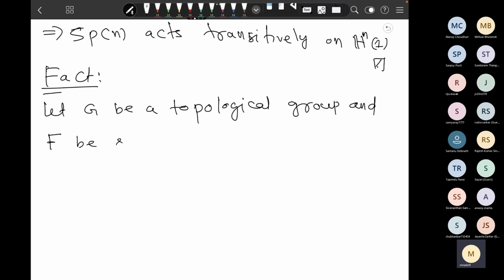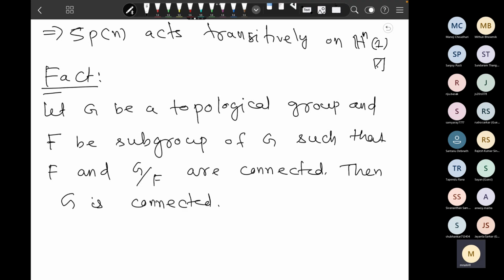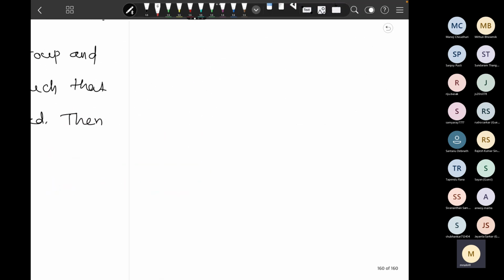Let A be a subgroup of G such that A and G by A are connected. Then G is connected. This is a standard fact, and I leave the proof as an exercise. I will now prove that Sp(n) is connected.